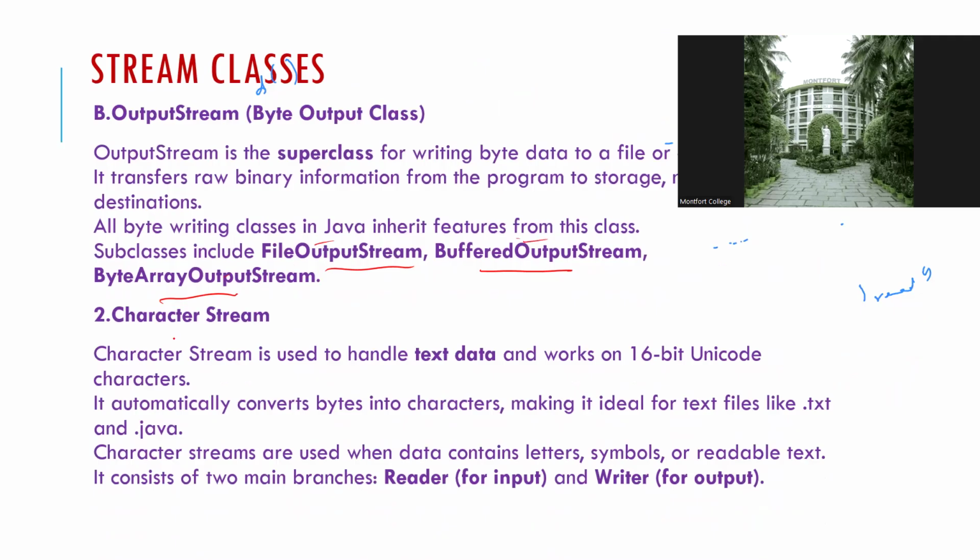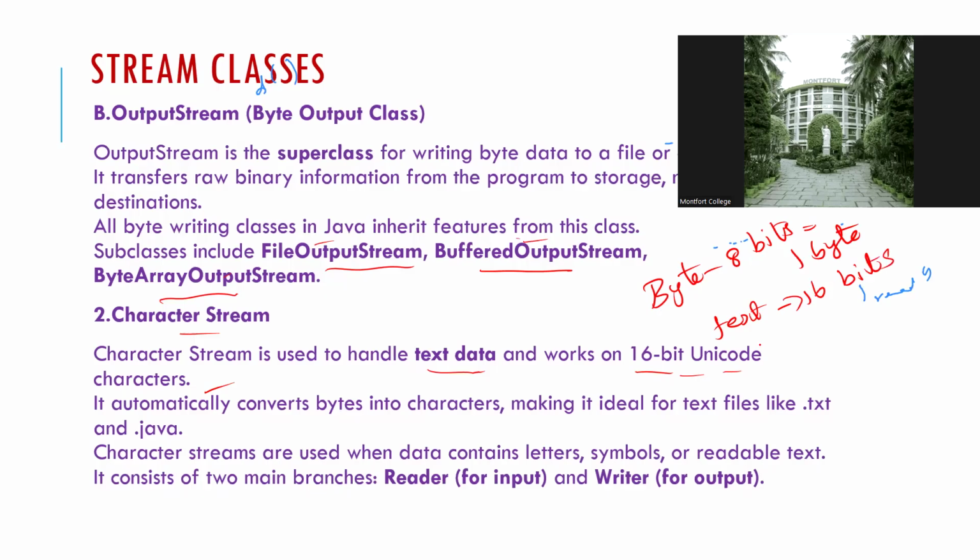Now the character stream. It is used to handle text data and works in 16-bit Unicode characters. When working with bytes, 8 bits are taken, which is equal to 1 byte. When it works for text, at a time it will take 16 bits.